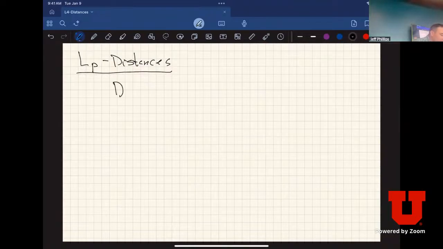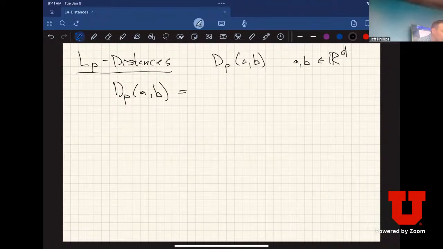The distance, and there'll be an LP distance, I'll put a P beneath, between A and B, and we'll assume that A and B are going to be vectors in R^D. Okay, so these are defined for vectors in R^D, and we'll say that LP distance between A and B is going to be defined as follows.